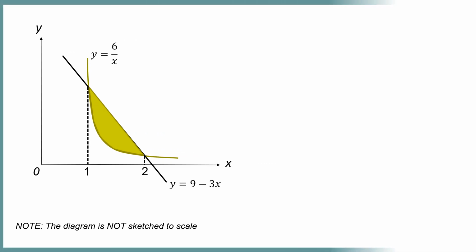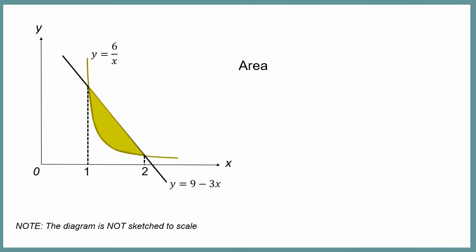The area of the shaded region is obtained by finding the area inside the outer curve, which is the straight line and has a shape of trapezium with width 1 unit, and the lengths of the parallel sides are 3 units and 6 units respectively.